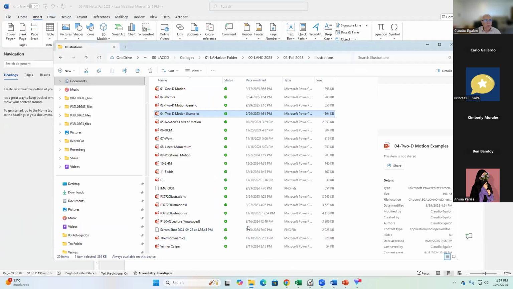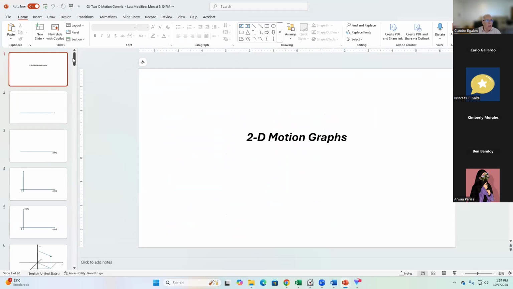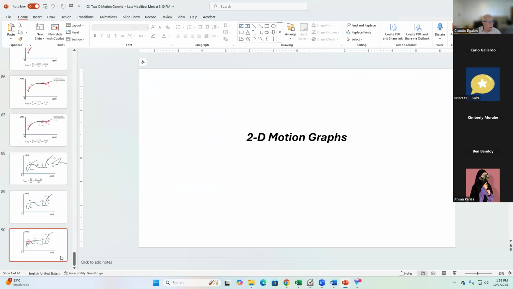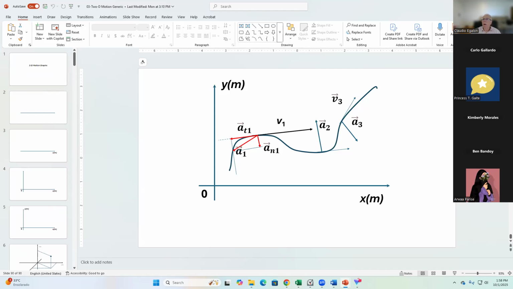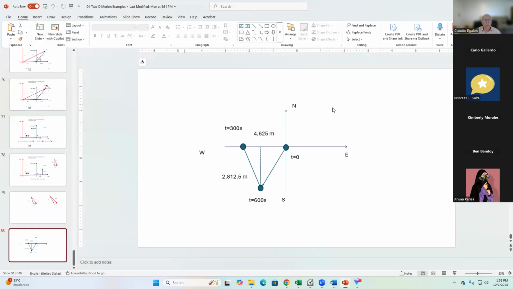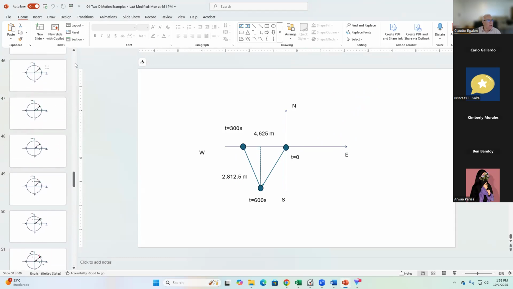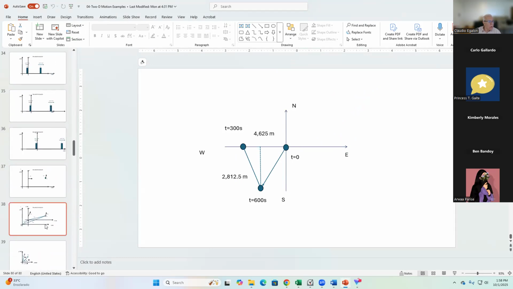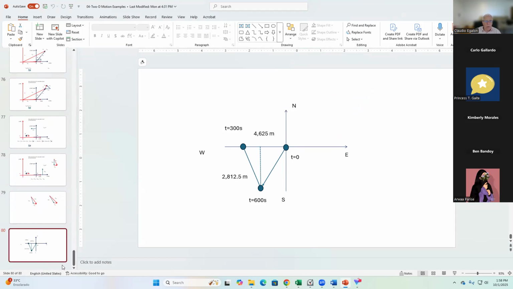Huh, I don't have an illustration. That's odd. Let's see if it's here. Yeah, it looks like I'll have to do it from scratch. What a shame. It's going to take me a long time to do that. Let's see if I can do that for you. It's going to take a little bit long, but we will do it.